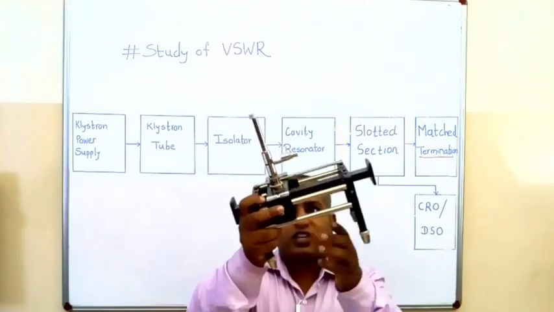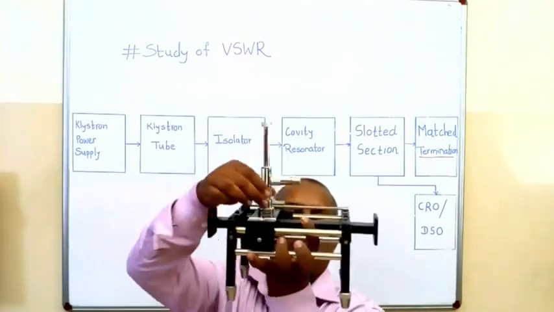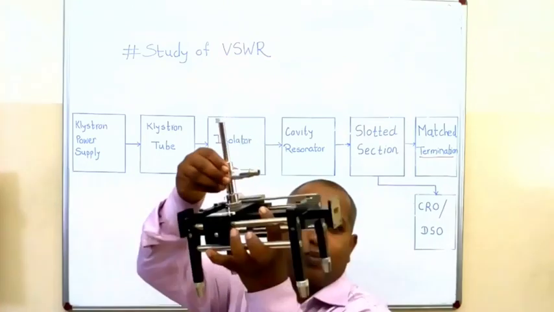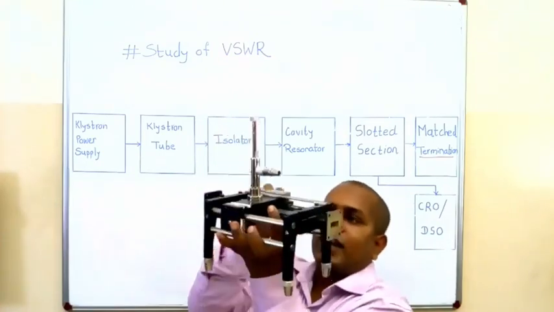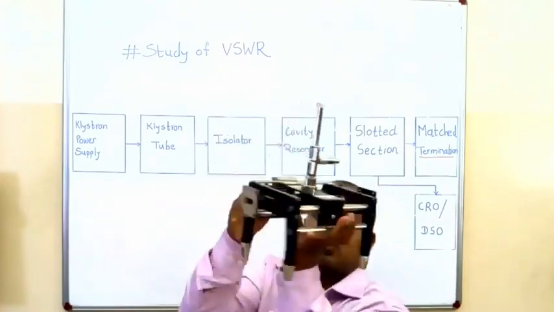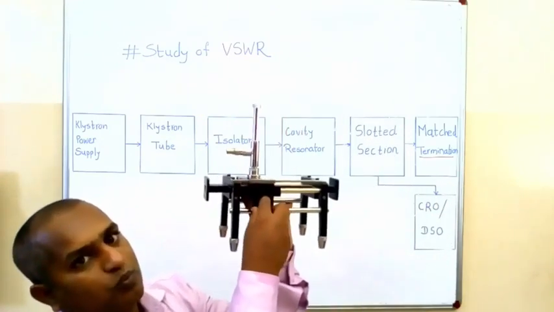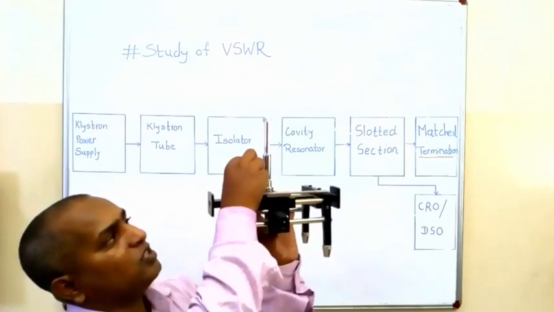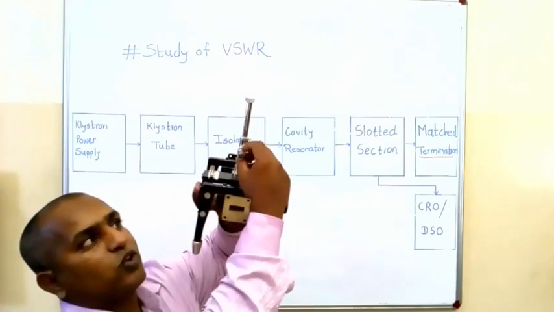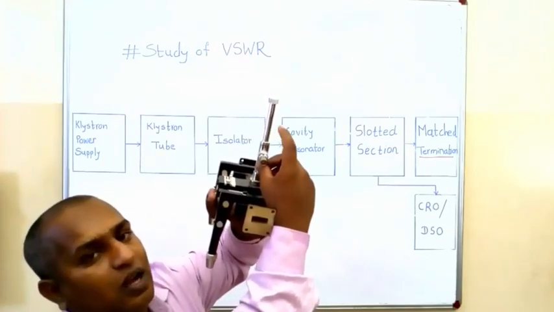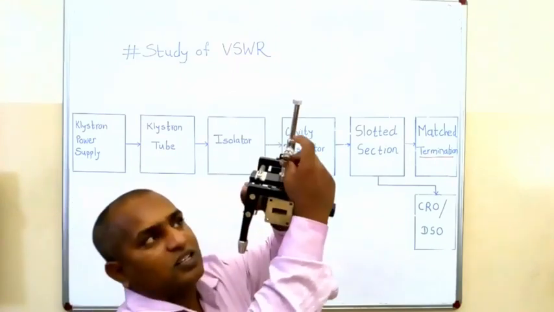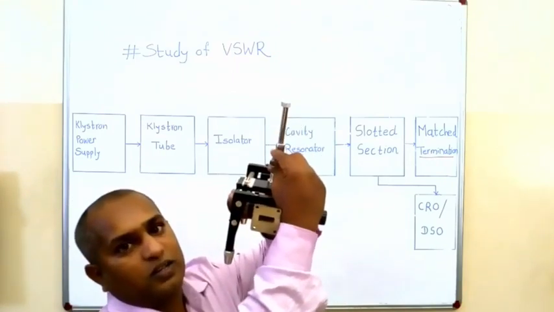In this slotted line section, this is our probe. We can vary this probe by using this knob. We can change the position of the probe, and inside the probe we are using a detector, and we know our detector is a Schottky barrier detector.